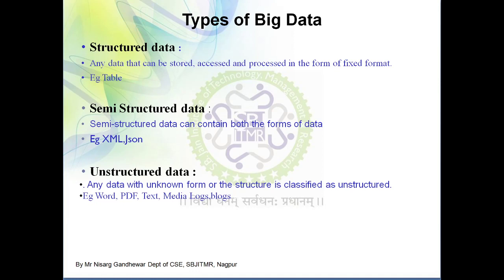Here I mentioned a few examples: data present in the form of a word file, PDF file, text file, media file, log file, blog file. Suppose we are using YouTube, so the history is there, and that data is stored over there. So this is unstructured data, and unstructured data is the reason why the term big data came into existence. The main reason behind the existence of big data is unstructured data.